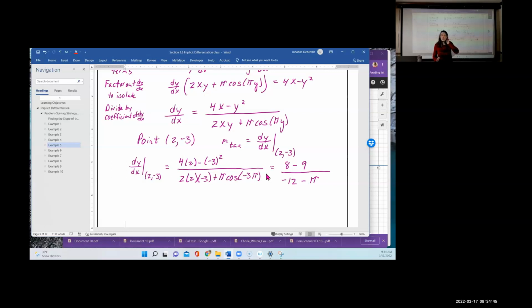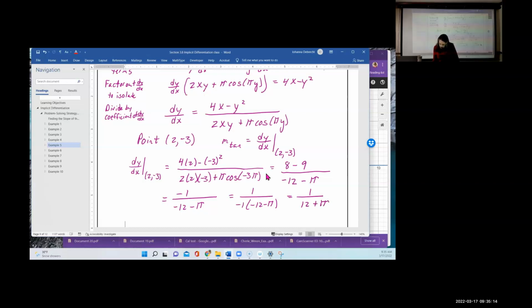So I get a -1 over -12 minus pi. And if I want to, I can take the -1 and move it to the denominator, and I can multiply both terms in the denominator by the -1, and that would give me 12 plus pi in the denominator.